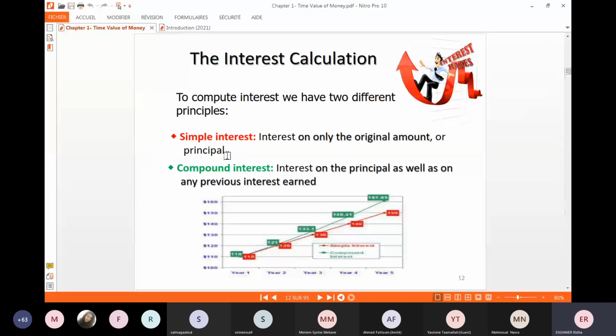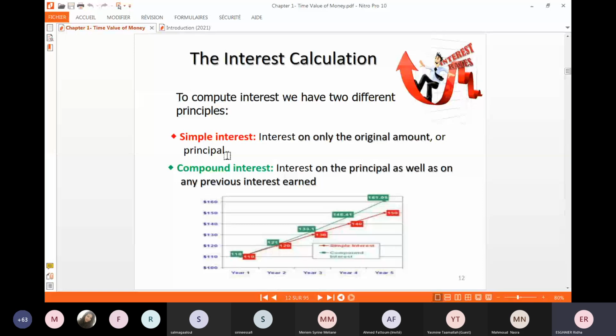In all the finance courses that we will see, we use the compound interest principle. But we need to understand the difference between the two. When we use the simple interest principle, the interest that we compute is computed on the basis of the original amount only.